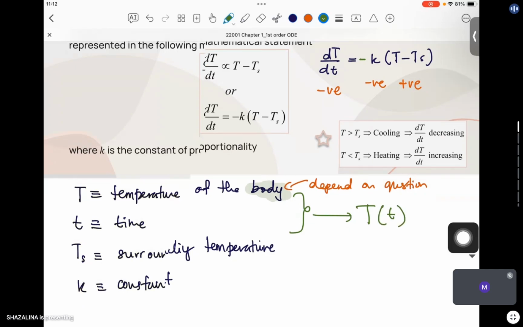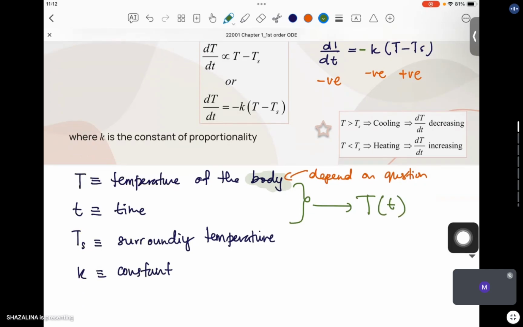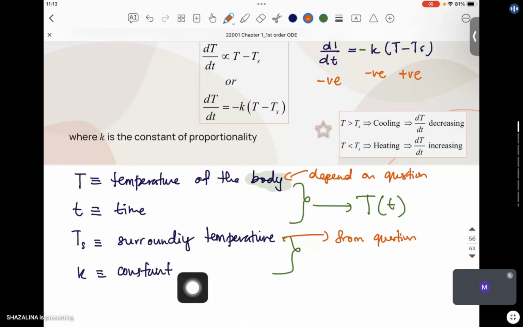Okay. Next is surrounding temperature is a fixed value, constant. So constant, where is this come from? This is come from question. Okay. K need to be calculated.